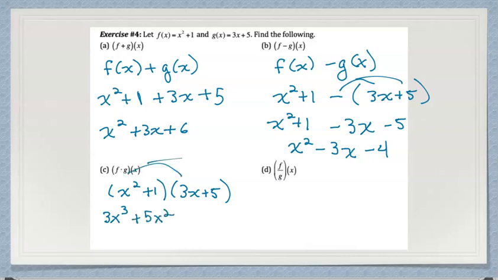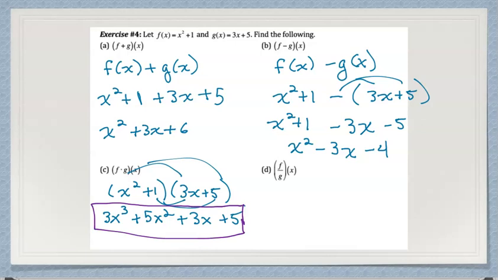So I'm just doing that one, and I'm going to do this one, plus 3x plus 5. And it turns out there are no like terms in this. So this expression right here is what I would say is f times g of x. I can't put a box around it for some reason, but there we go.